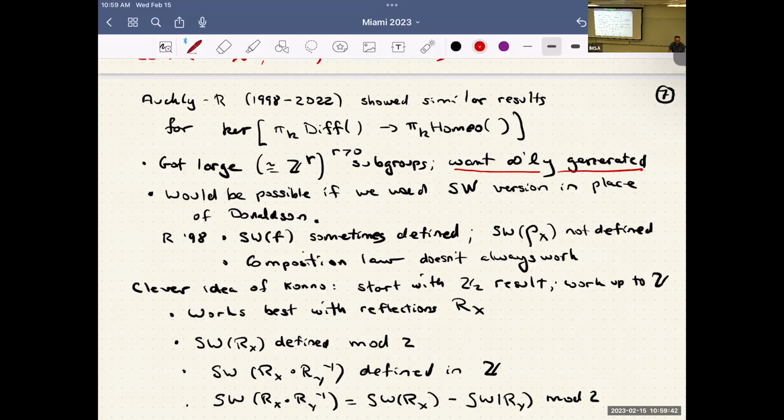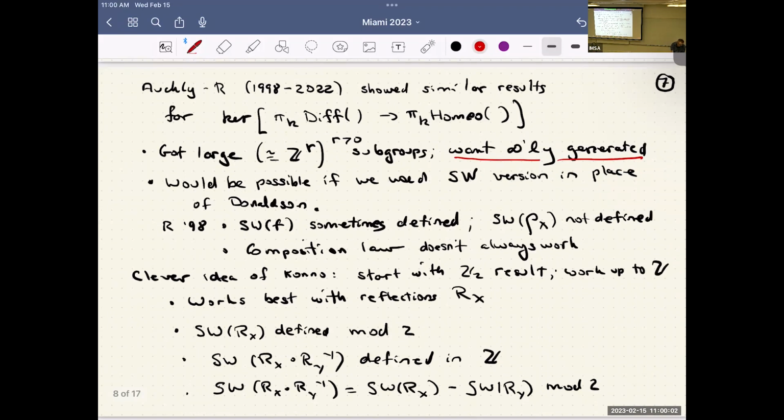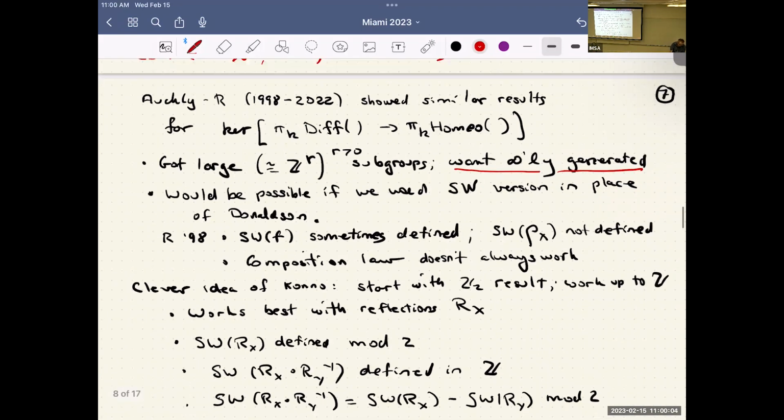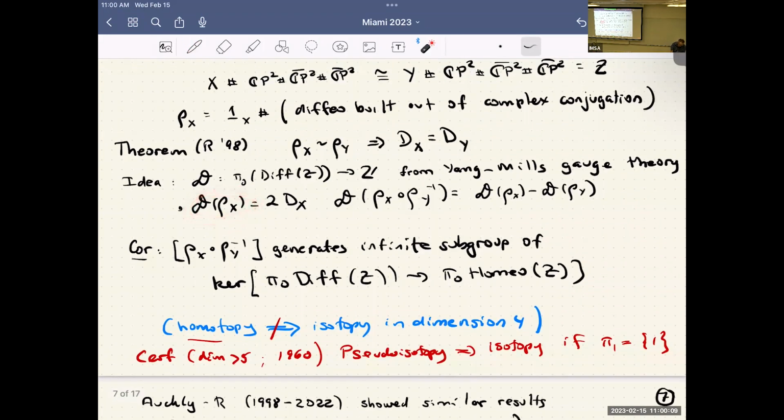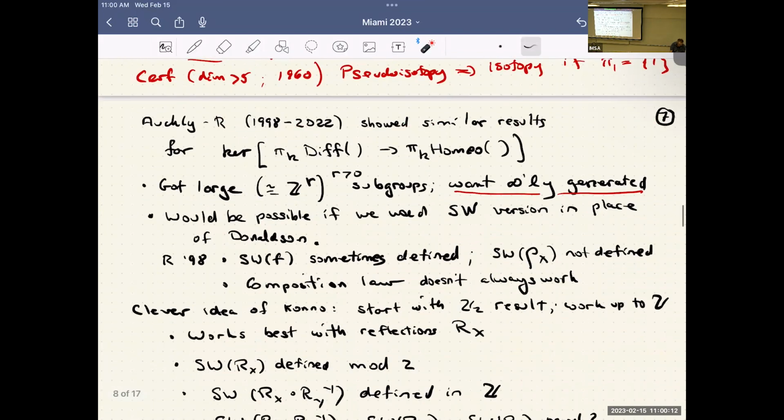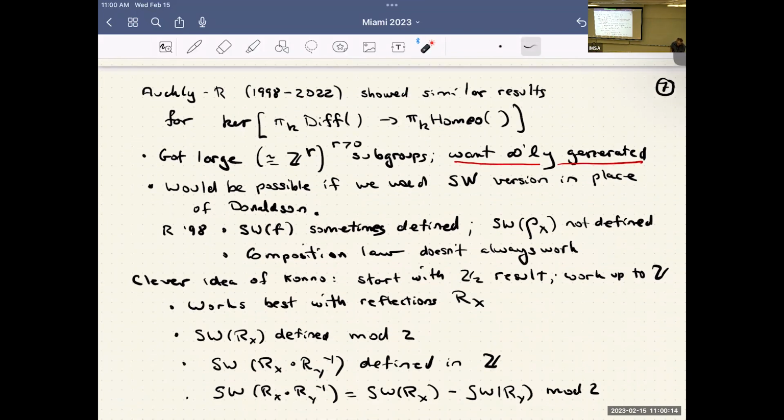Those were always going to come out 0 mod 2. But in the paper with Auckly, Kono pointed out that these reflections built out of S2 cross S2, in other words, products of two things, those actually could be non-zero mod 2. So in the same sense that there was a Donaldson invariant, which was over here, there's a Seiberg-Witten invariant of certain diffeomorphisms, and as I say, it works better mod 2.